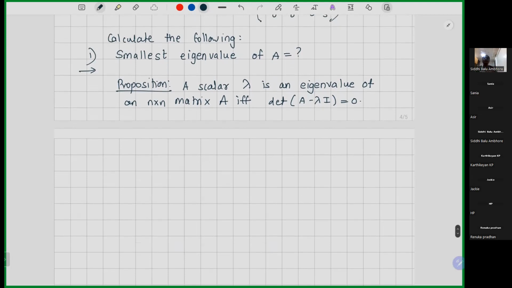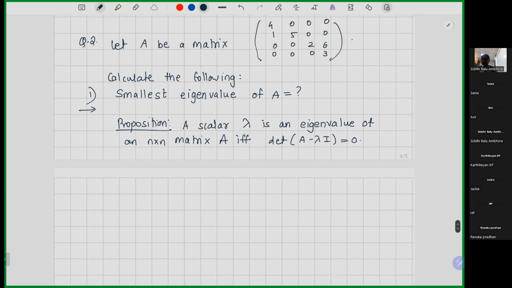So we will be using this to calculate. They are saying lambda is an eigenvalue if and only if the determinant of A minus lambda I is 0.